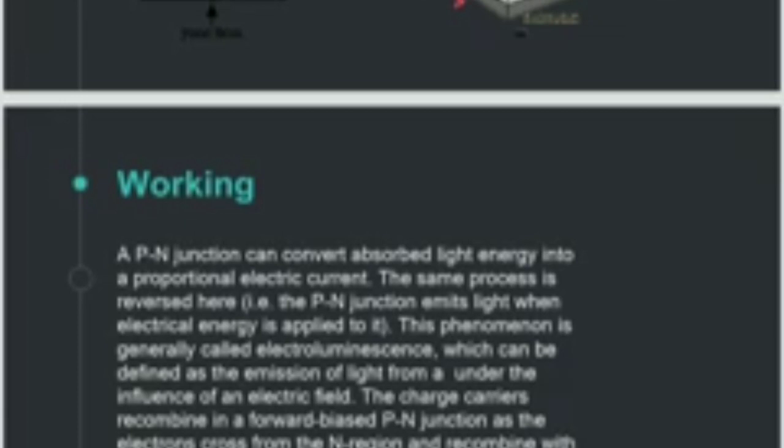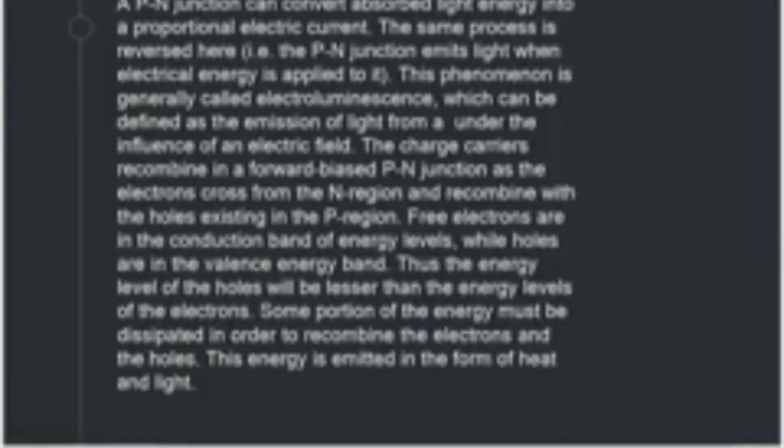Free electrons are in the conduction band of energy level, while holes are in the valence energy band. Thus, the energy level of the holes will be lesser than that of the electrons, and energy is dissipated in order to recombine the electrons and the holes. The energy is emitted in the form of heat and light.